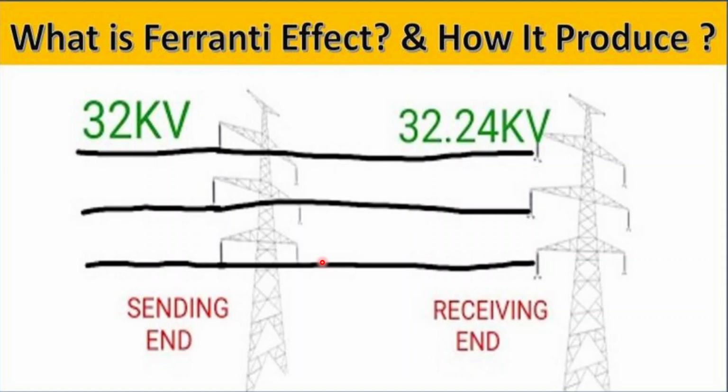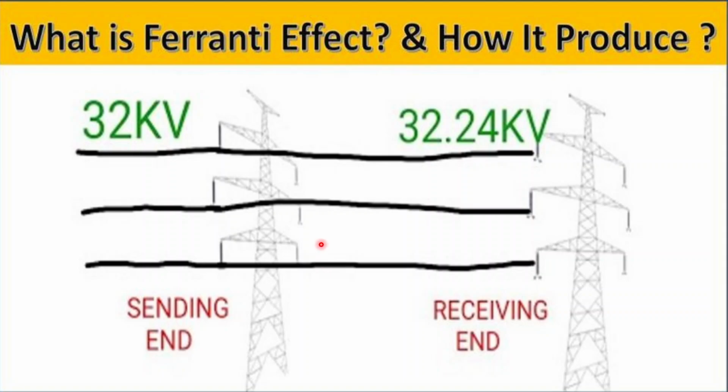Now, the conditions for the Ferranti effect. First, it is more pronounced in long transmission lines, typically over 200 kilometers, and it is noticeable under light load or no load conditions.